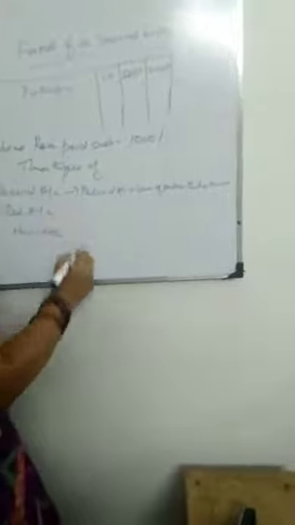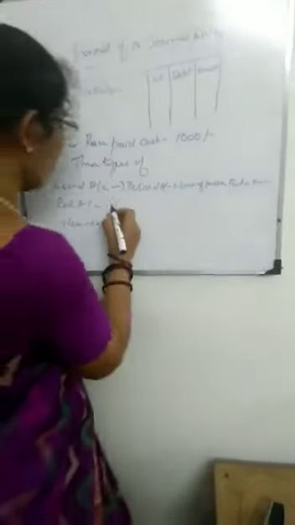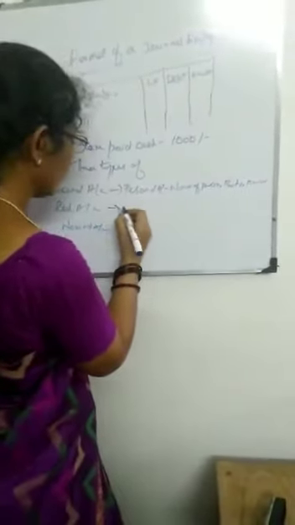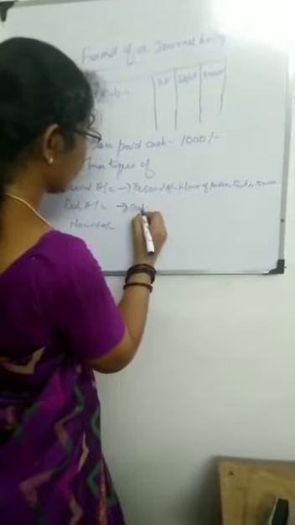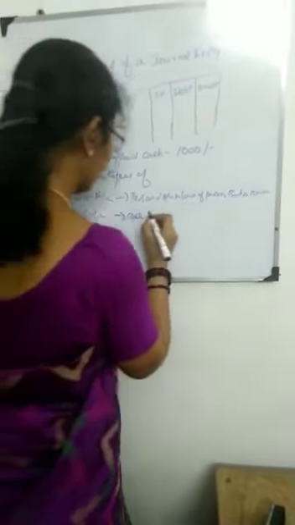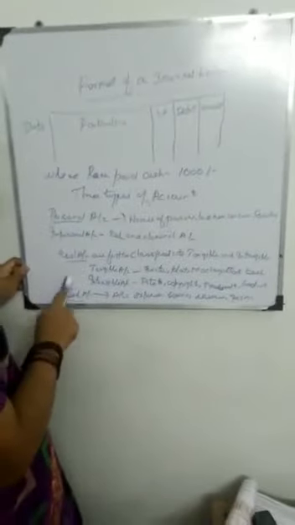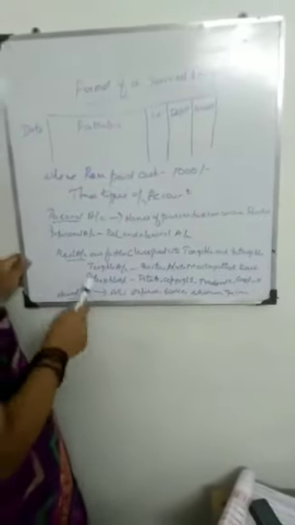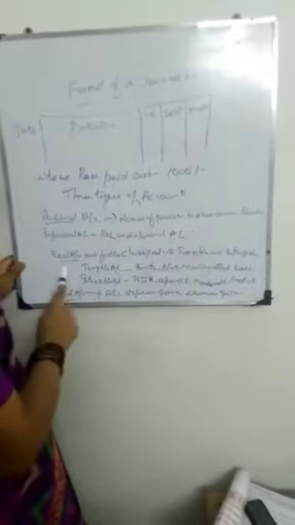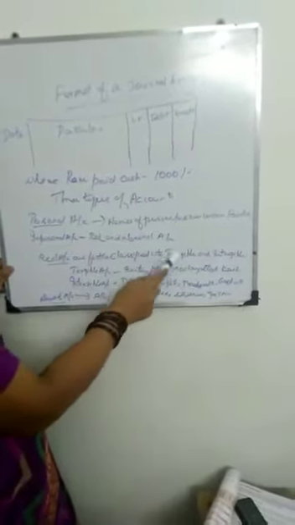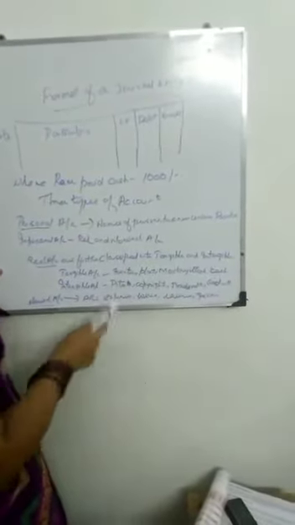Then real account. Next is real account and nominal account. These real account and nominal account come under impersonal account. Personal account we have already seen. Real accounts are further classified into tangible and intangible.